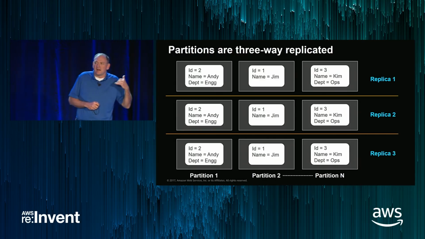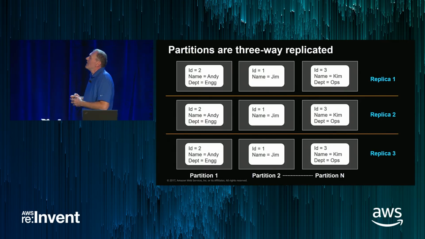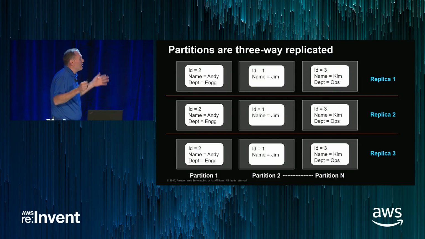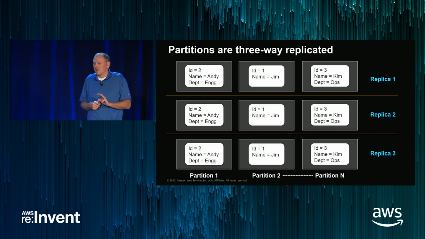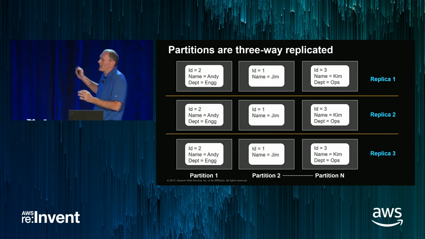Partitions are three-way replicated in DynamoDB. In most NoSQL databases, there's some sort of replication to ensure durability of the data. In DynamoDB, they're three-way replicated across 3 AZs. Every region in AWS has at least 3 AZs, whether you see them or not. And it's because DynamoDB is a tier 0 service. No other service deploys without it.